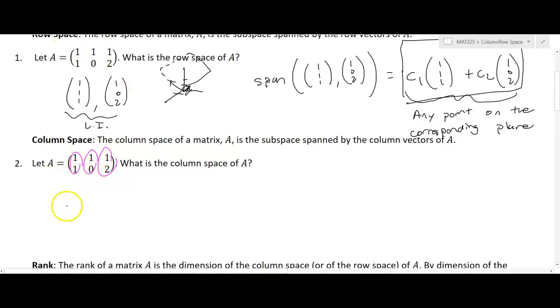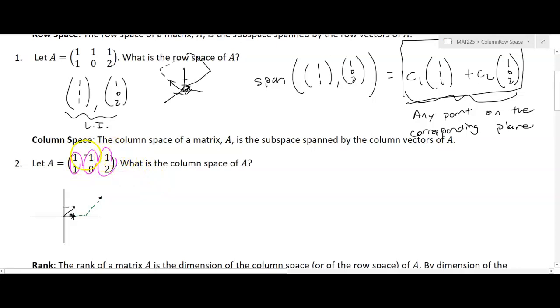If two vectors are not collinear, so 1, 0 points here, 1, 1 points there, then I could get to any point I want, say here for instance, by taking the right scalar multiple of the 1, 0 vector and then putting tip to tail the right multiple of this vector here. I can arrive at that point. So one of these is redundant.